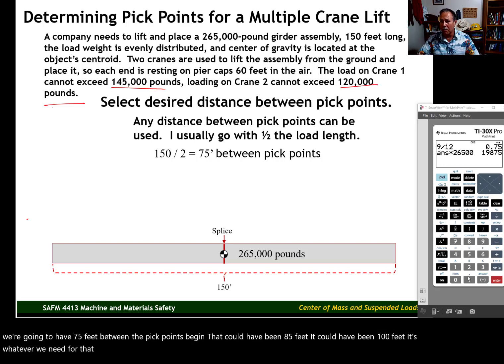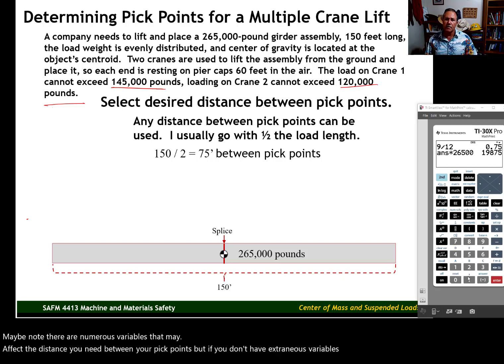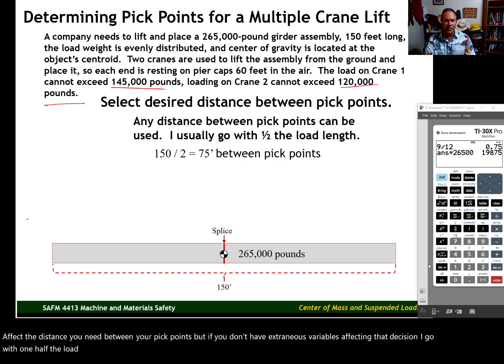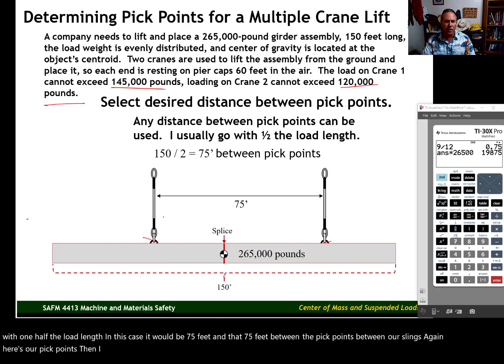There are numerous variables that may affect the distance you need between your pick points. But if you don't have extraneous variables affecting that decision, I go with 1/2 the load length. In this case, it would be 75 feet, between the pick points, between our slings. Again, here are our pick points, and I've got slings to further illustrate those pick points.